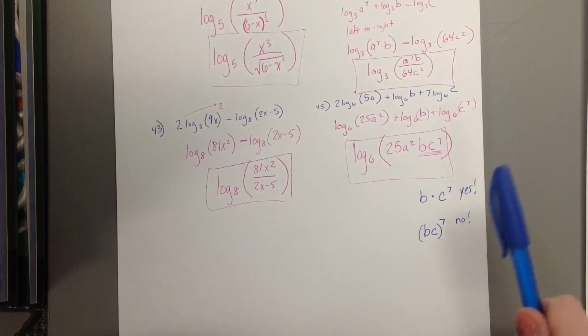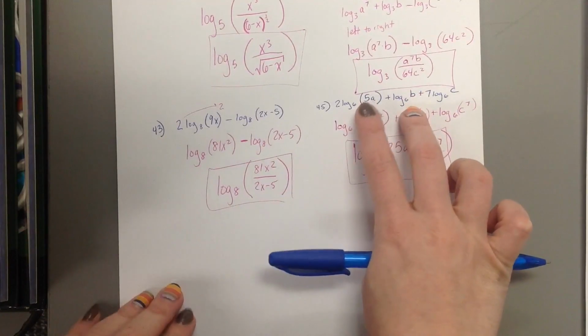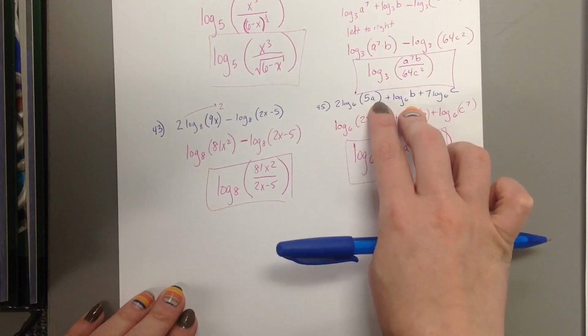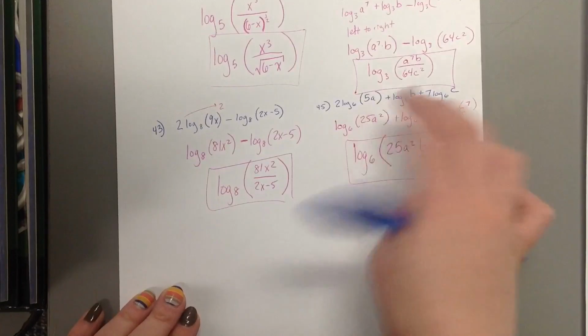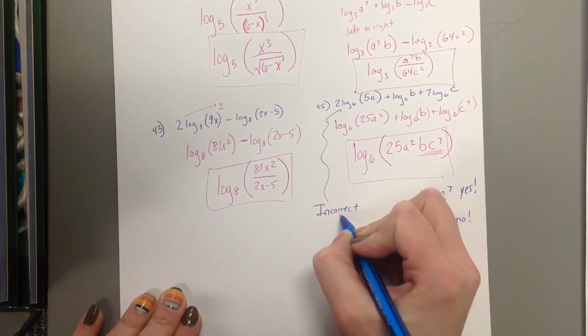That is why we do things like here, for example, move the coefficient up to the exponent first before you tackle this addition problem, because notice what would happen. So this is incorrect, what I'm about to show you.